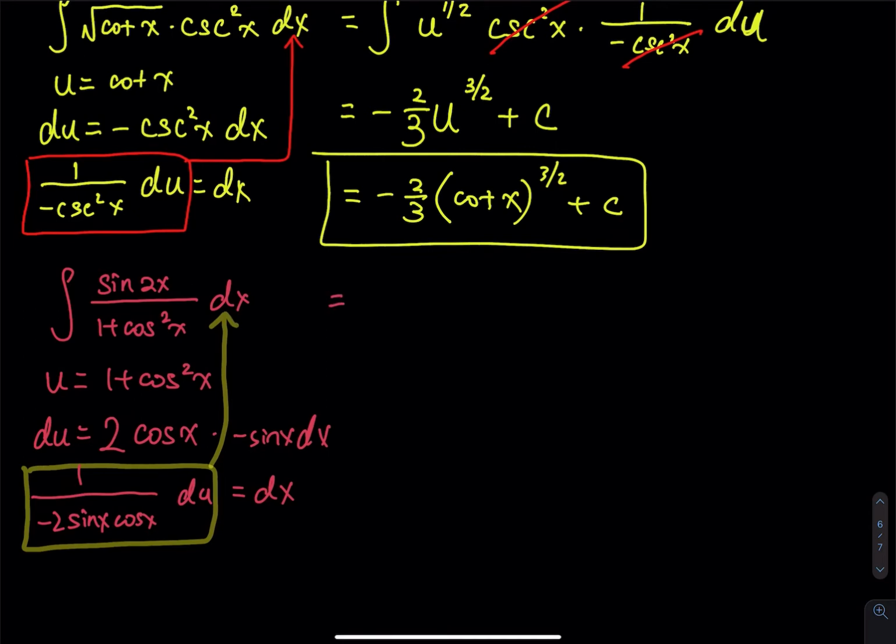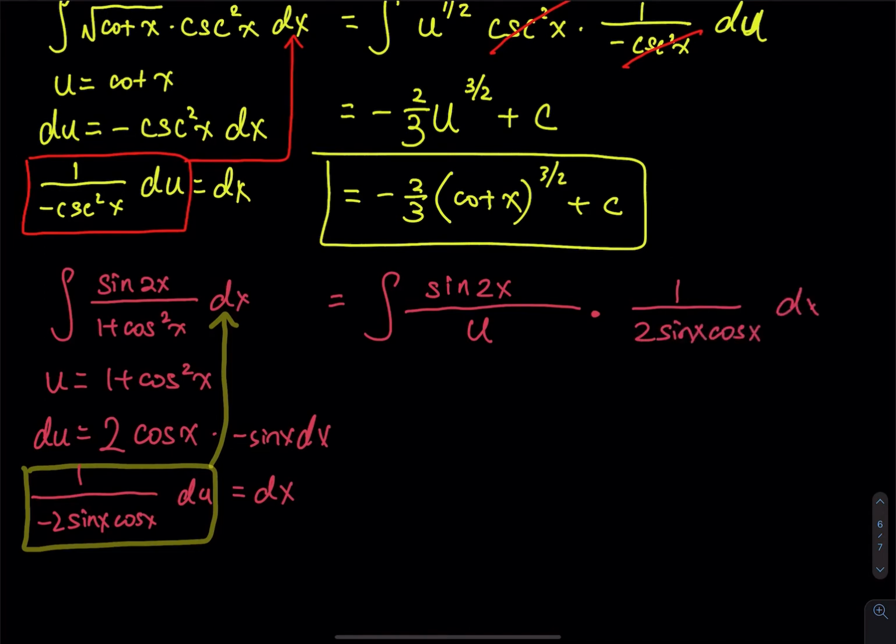So we have the integral of sine of 2x divided by, and then 1 plus, oh, that is no longer 1 plus, that is u now. And then replace this piece, so we multiply by 1 divided by 2 sine x cosine x.